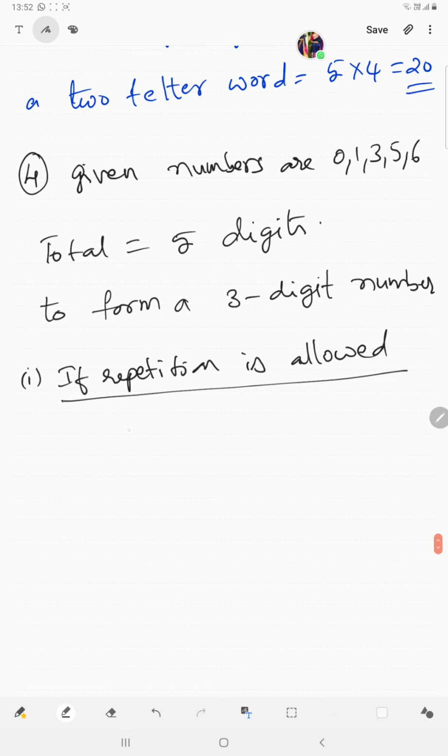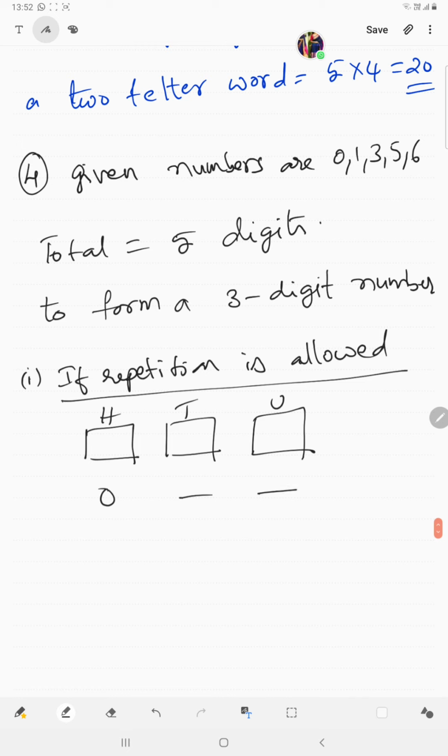Yes, 3 numbers: 1st digit, 2nd digit, 3rd digit. Means 3-digit numbers: hundreds place, tens place, units place. And we have 0 also as one of the digits. If the hundreds place is filled with 0, then tens and units you can fill with any other number, then it will become a 2-digit number.